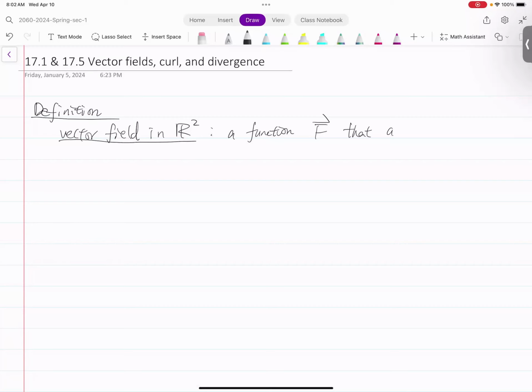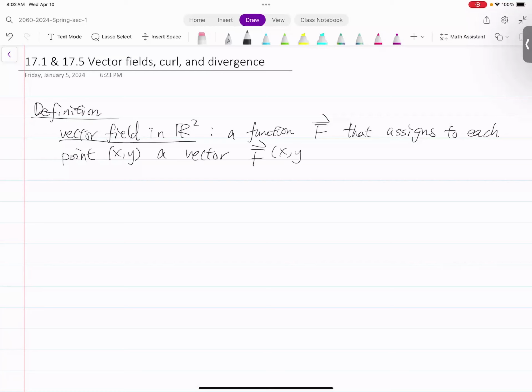That's assigned to each point (x, y) a vector.